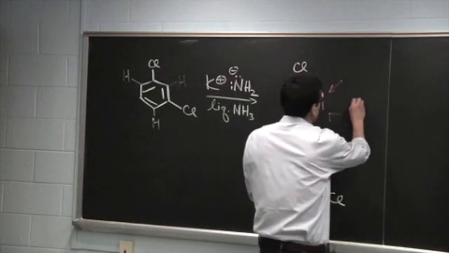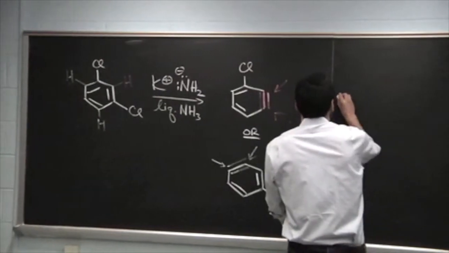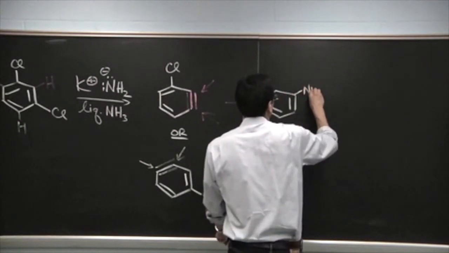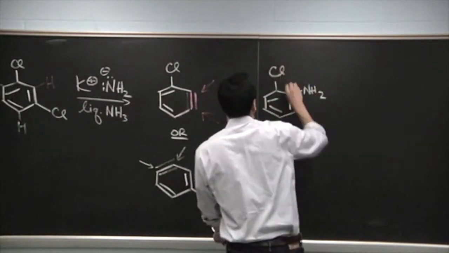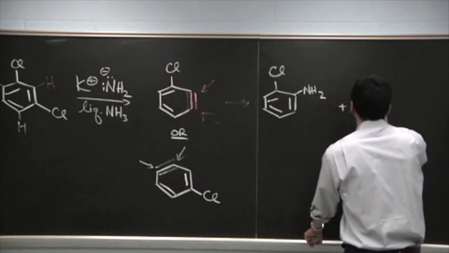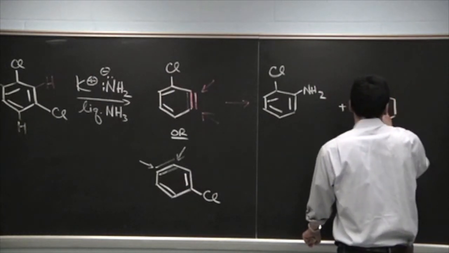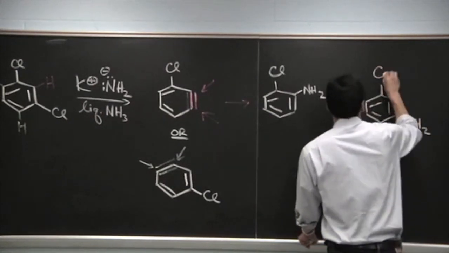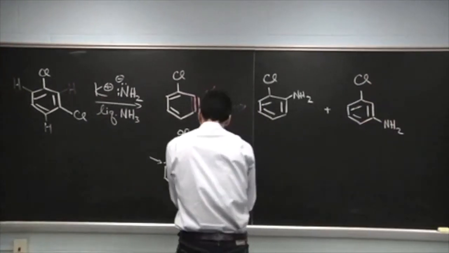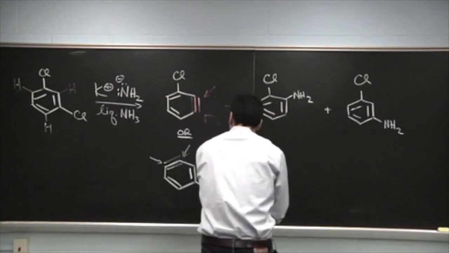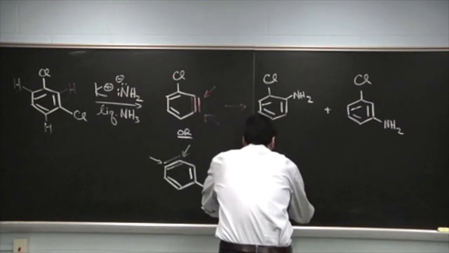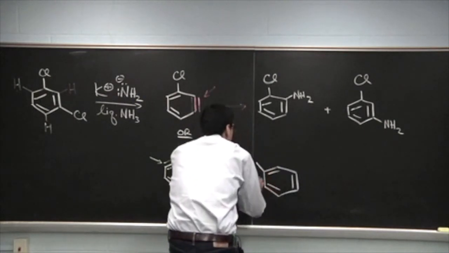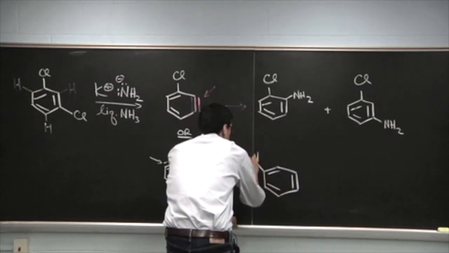All right, so up here, we could end up with the NH2 group ortho to the chlorine, or we could end up with the NH2 group meta to the chlorine, whereas down here, we could end up with the NH2 group para to the chlorine.